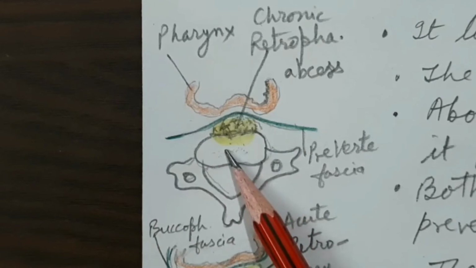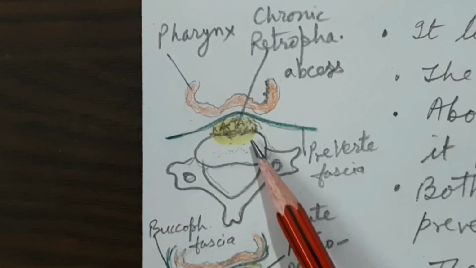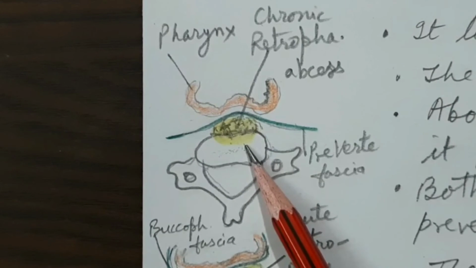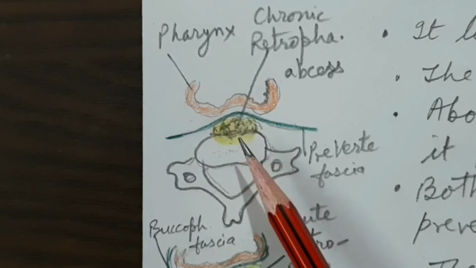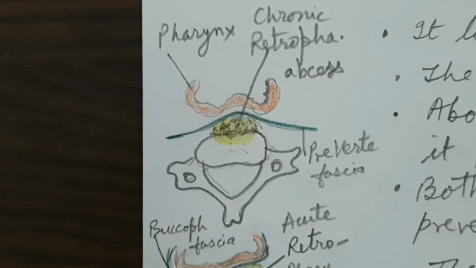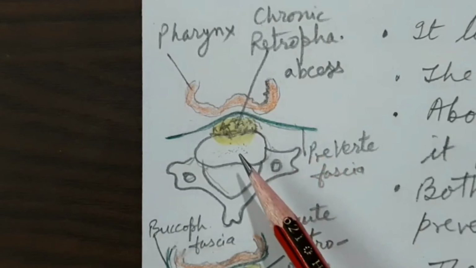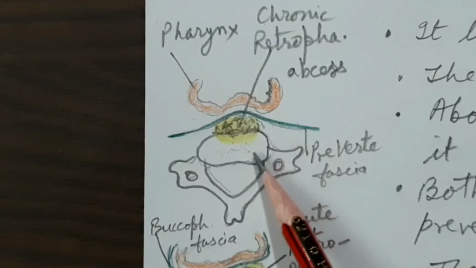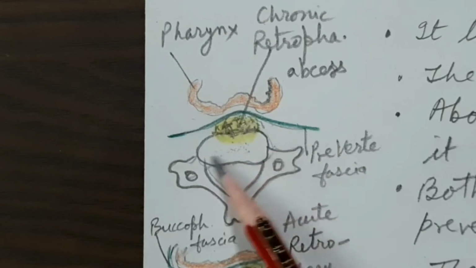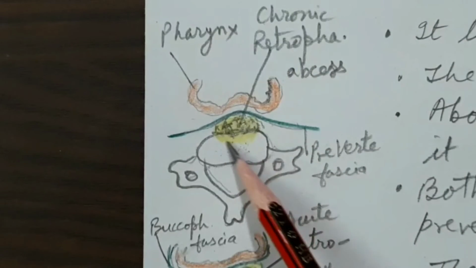And this bacilli or bacteria will settle in the spongy bone of the body of the vertebra and will destroy it and will form a cold pus. That means it will not be reacting like the other infections. It is a slow cold infection, and this goes for months, years.